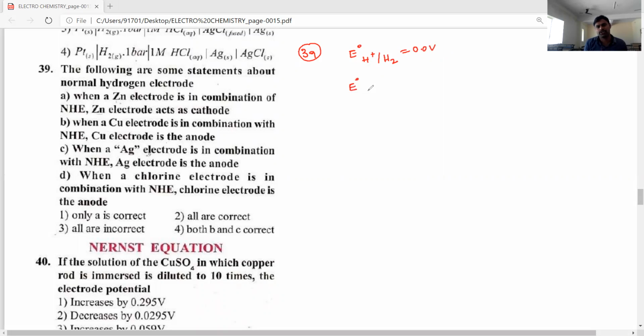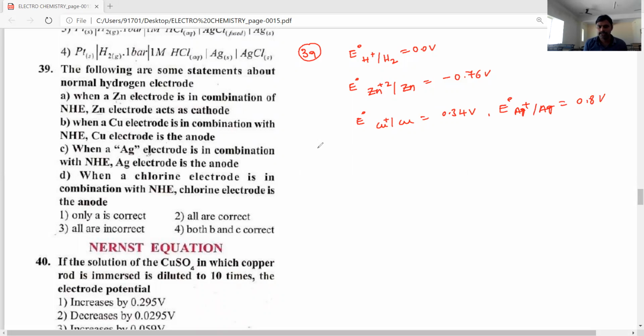The standard reduction potential of Zn plus 2 by Zn is minus 0.76 volts, and E0 of copper plus 2 by copper, already we know that 0.34 volts, and E0 of silver Ag plus by Ag is equal to 0.8 volts.